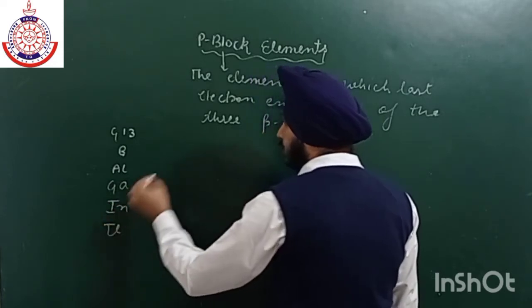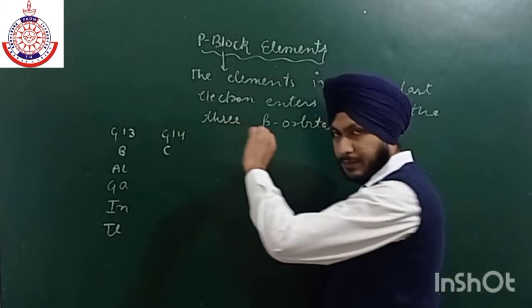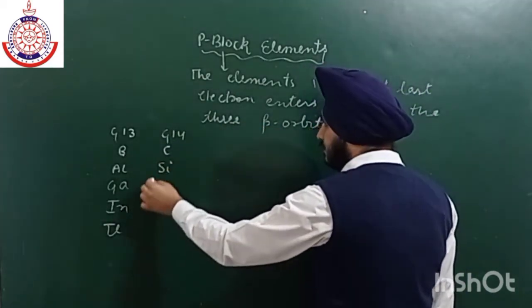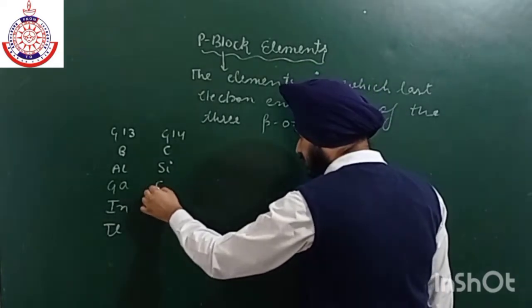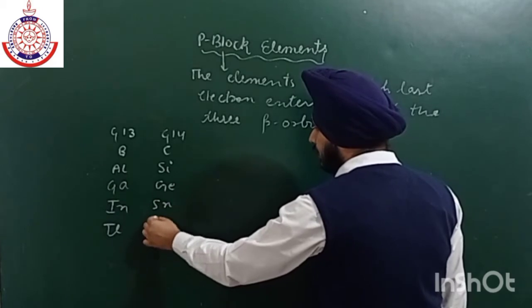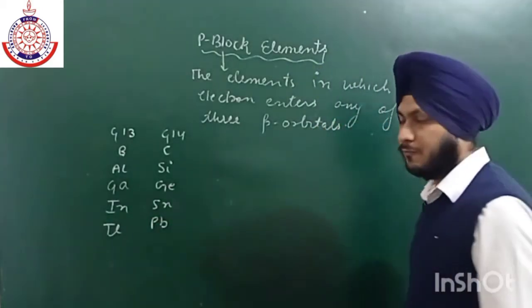Then we have group number 14, the carbon family: carbon, silicon, germanium, tin, and lead. So this is group number 14.